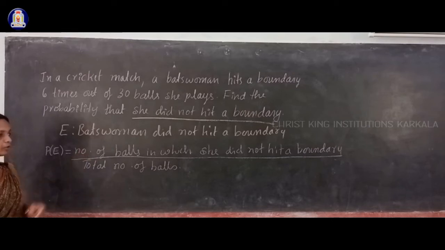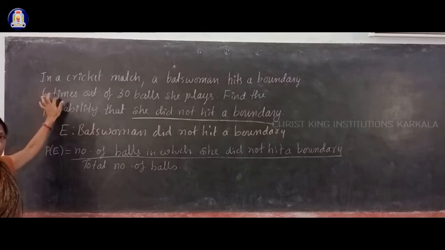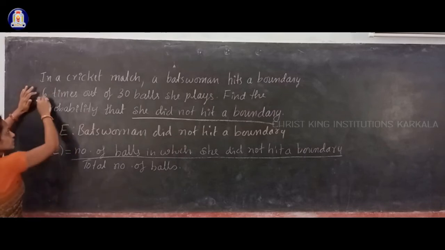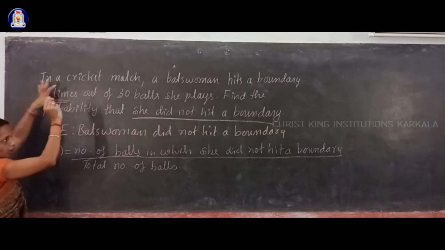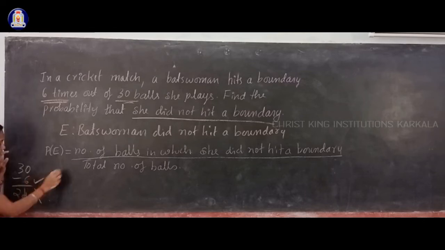You are not given the number of balls in which she is not hitting a boundary, but you are given in how many balls she hits a boundary. In 6 balls she is hitting a boundary out of 30 balls, which means in the remaining balls, 30 minus 6, that is 24 balls, she is not hitting a boundary. Only in 6 balls she is hitting a boundary.